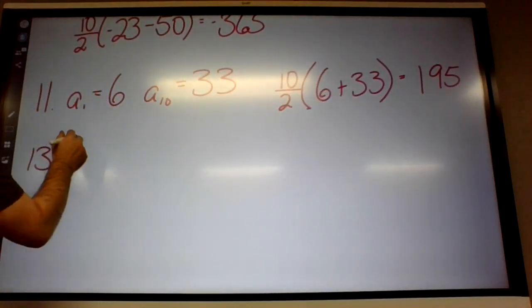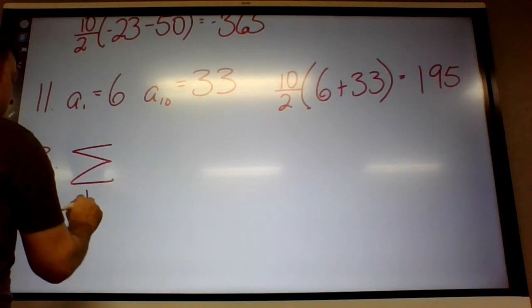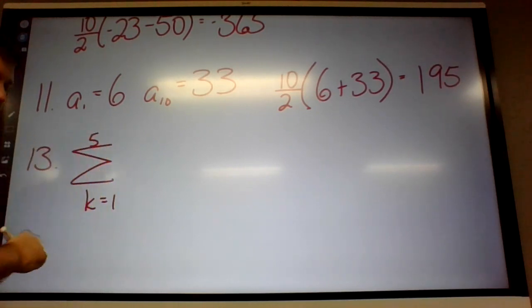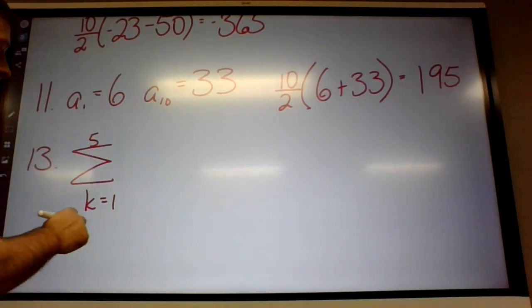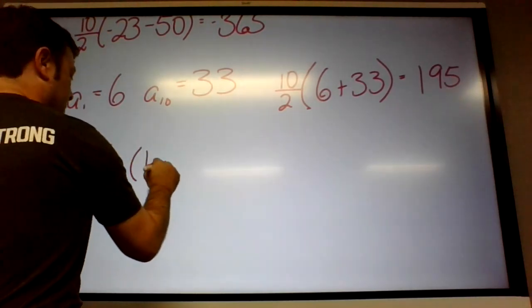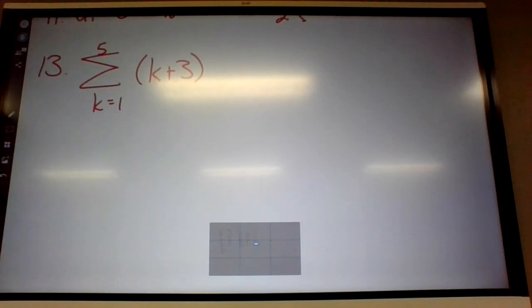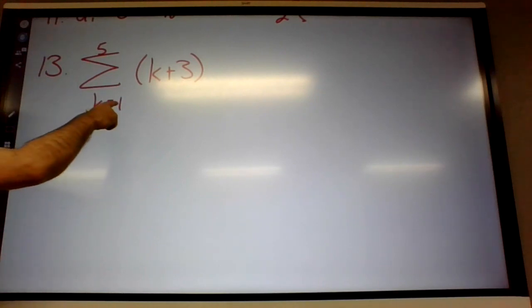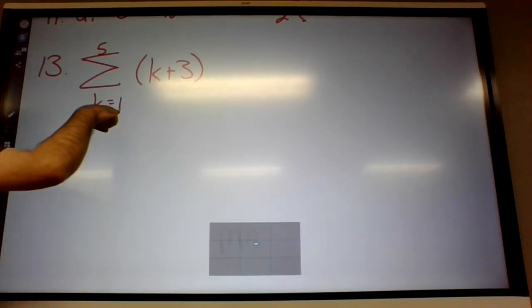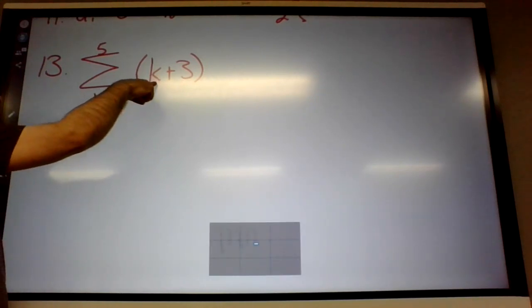13, sum of k equals 1 to 5, k plus 3. All right, what does this mean? This is not that hard, guys. Do you guys remember what I said this meant? It's called sigma. You're going to plug in 1, 2, 3, 4, and 5 for k.